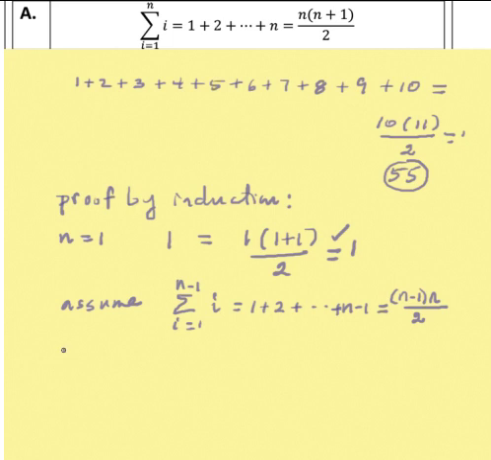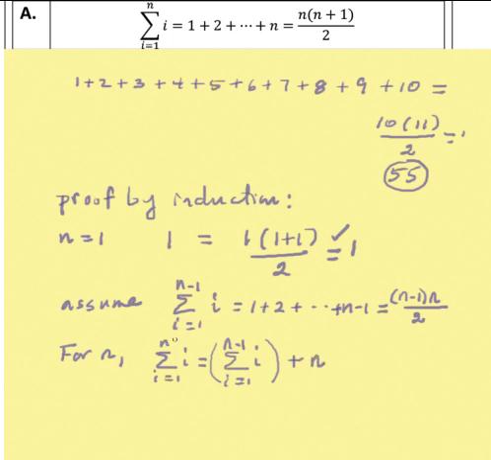So now for n, we have the sum i equal 1 to n. Well, that's equal to, first just add up 1 to n minus 1, and then add the last one, which is n.